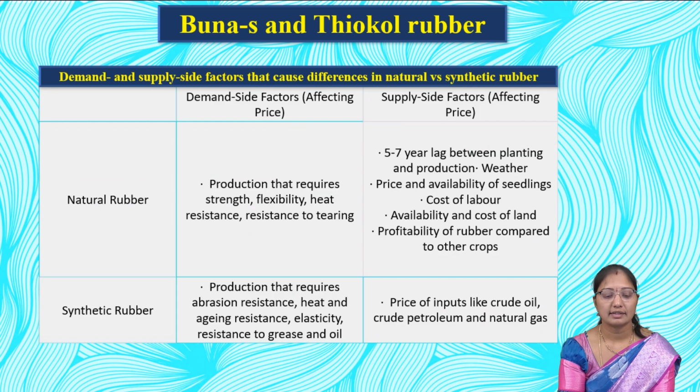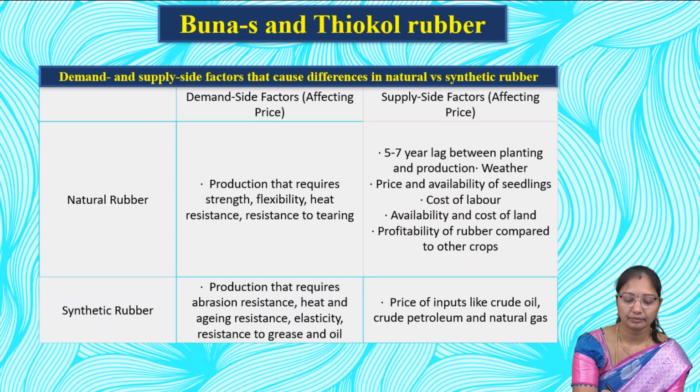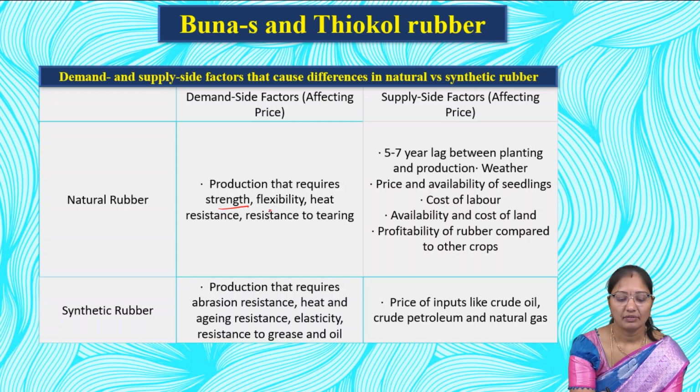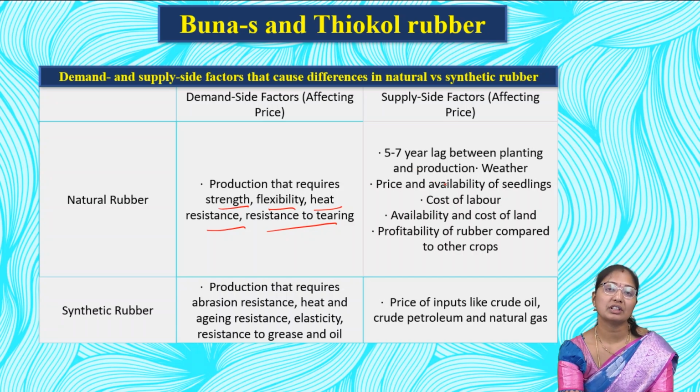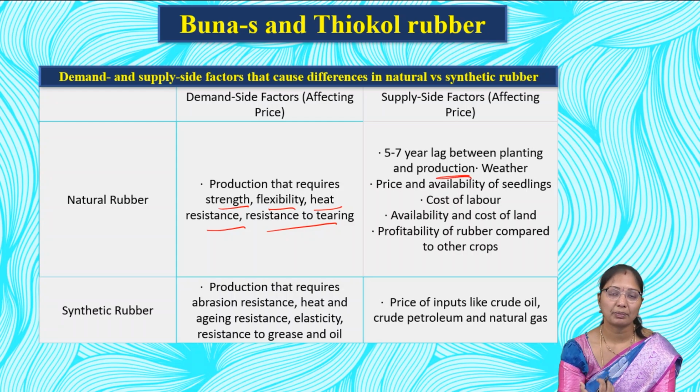The demand and supply factors that cause differences between natural and synthetic rubbers: natural rubber requires strength, flexibility, heat and resistance to tearing. On the supply side, there is a 5 to 7 year lag between planting and production, because it is obtained from the tree. It takes 5 to 7 years after planting to get the latex from a tree.